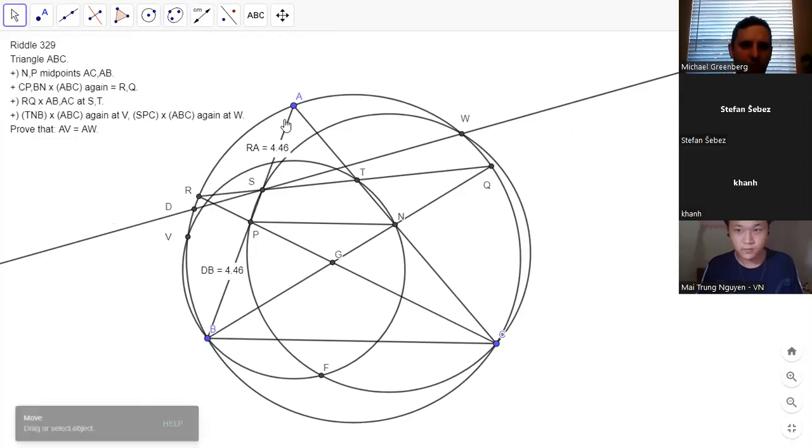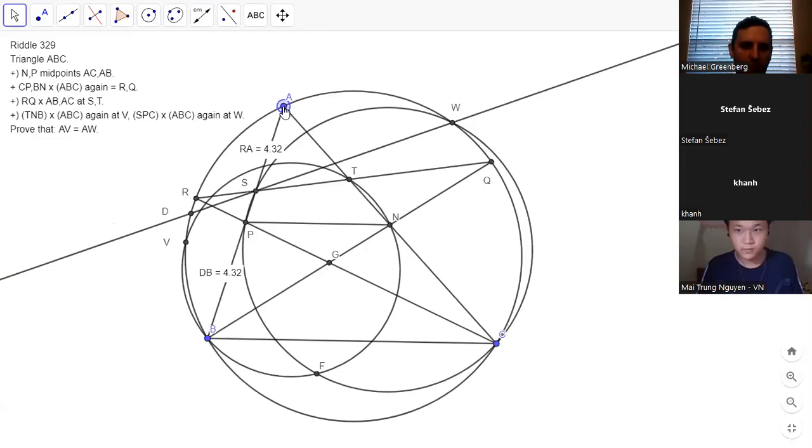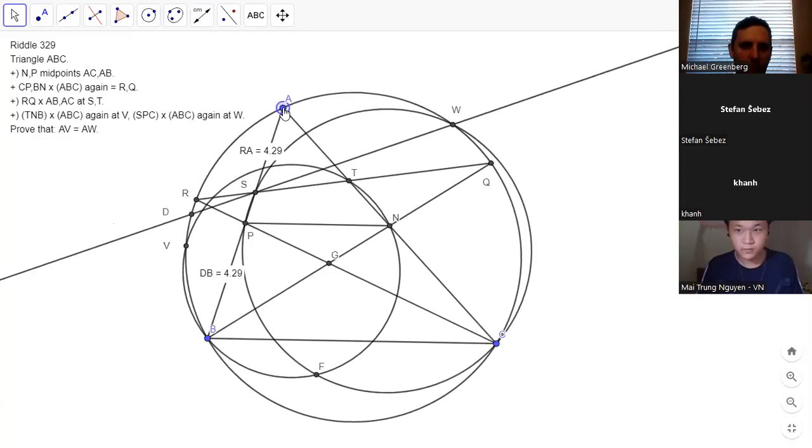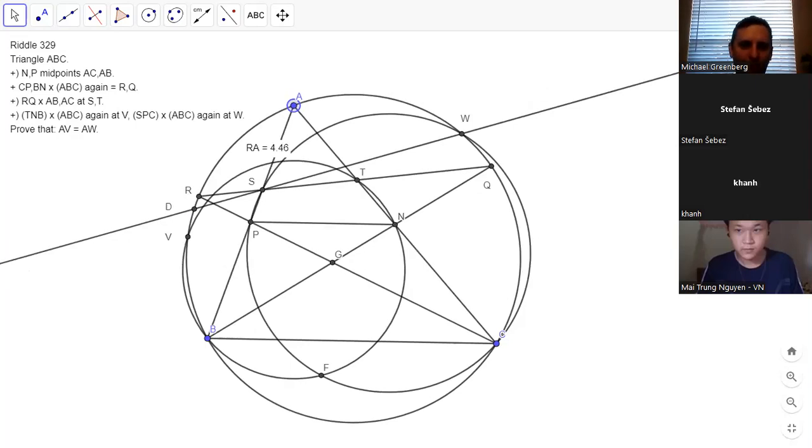Yes. That is quite nice then, because we want to show that CD is a symmedian. We want to show that CD is a symmedian. Oh yeah, good point. Okay, so.